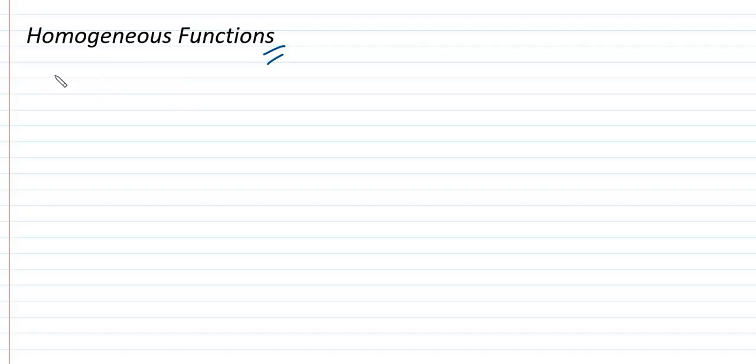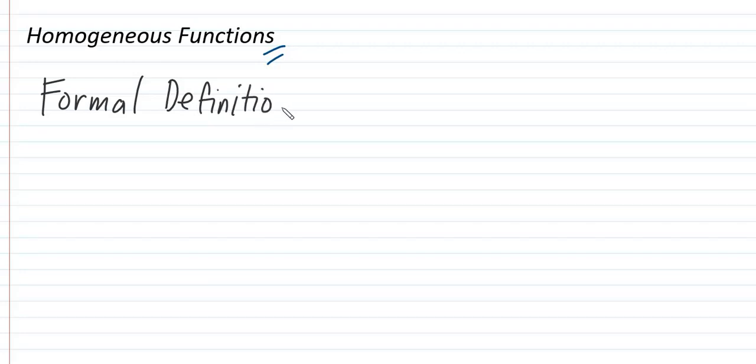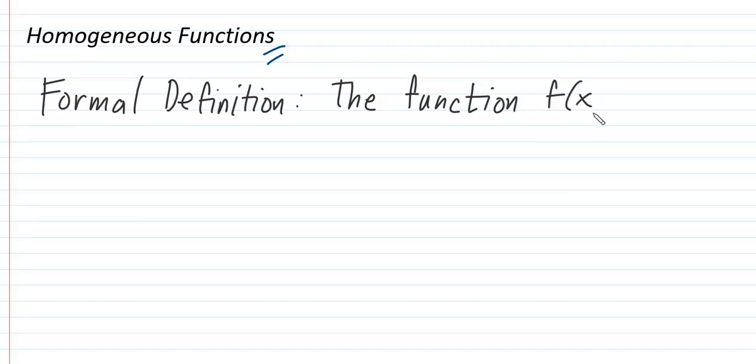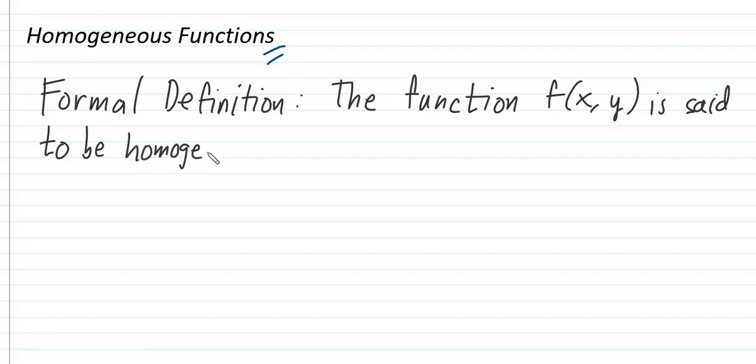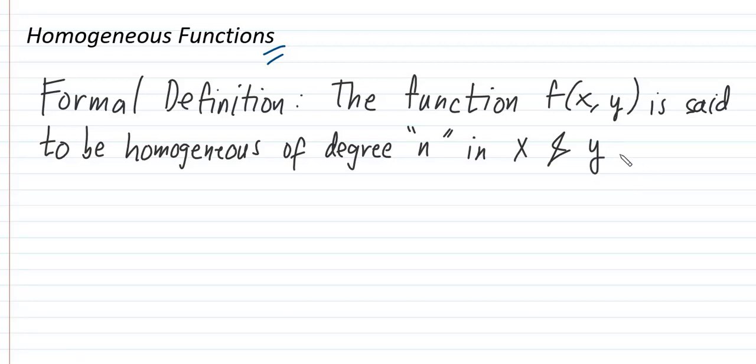The formal definition says that the function f of xy is said to be homogeneous of degree n in x and y if and only if.